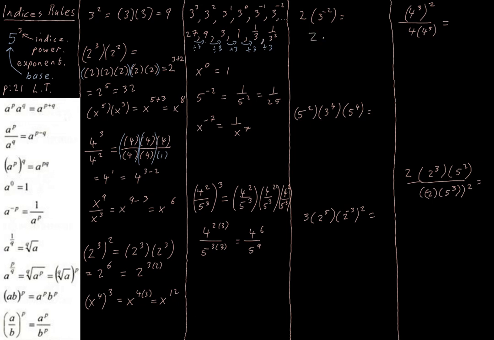So I have 2 multiplied by 3 to the minus 2, which would be 1 all over 3 squared. Because these numbers are fairly small, I'm going to multiply them out. So I end up with 2 on 1/9. Well, that's really just 2 over 1. So I end up with 2 all over 9 as my answer. And I can't go any further than that because they're not the same base number.